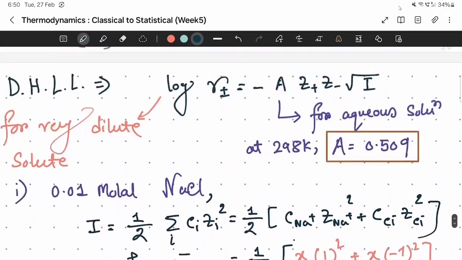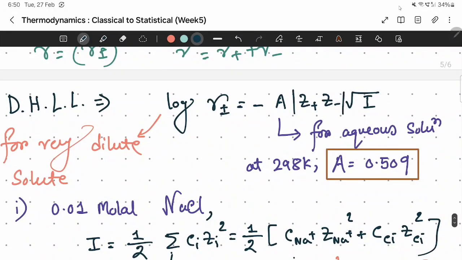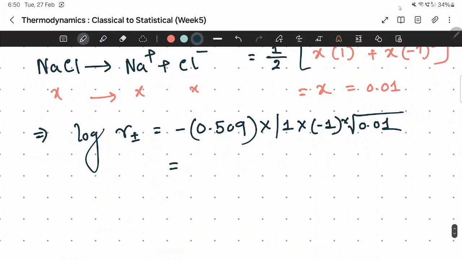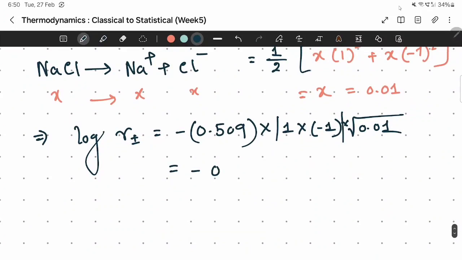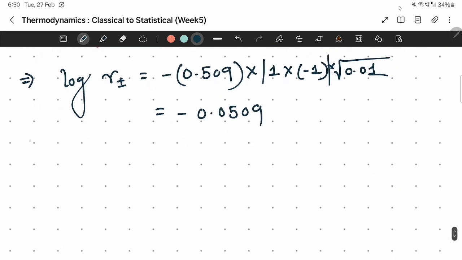One thing, there is a modulus, so it is again 0.509, 0.510. Okay, so if this is the case, then what will be gamma plus minus? Because it's base 10, we can find out. It will be 0.889.